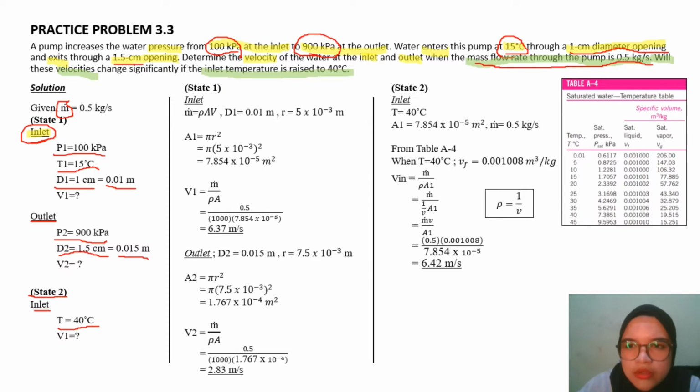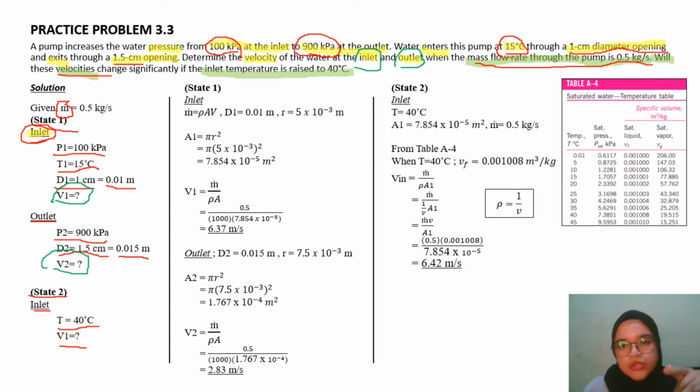The question wants us to find the velocities, so for state 1 we want V1, the inlet velocity, and V2, which is the outlet velocity.